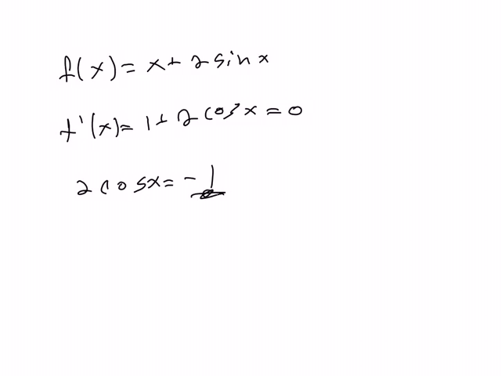So we want cosine x to equal negative a half. And I don't know where cosine does that. So we cannot continue that problem.